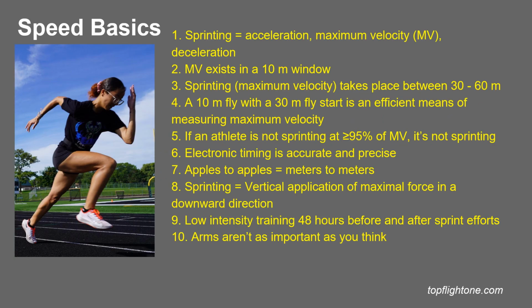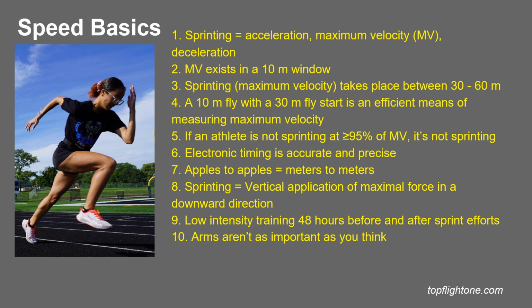Speed basics. Although there are many different aspects and dimensions to speed development, this presentation is restricted to 10 key concepts, and each one will be broken down in detail. Number 1, sprinting, the primary elements are acceleration, maximum velocity, and deceleration.